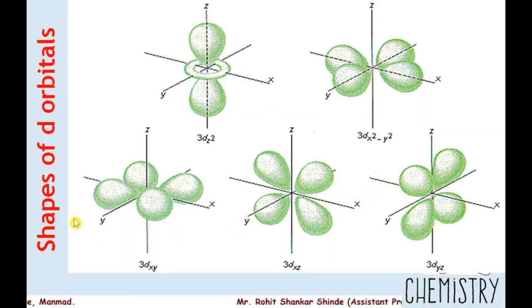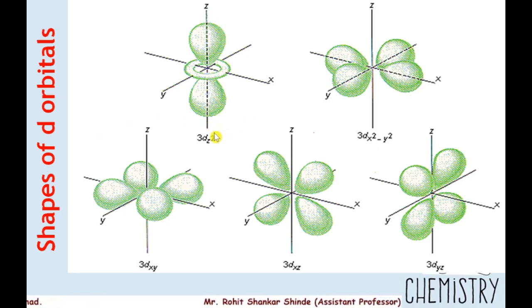Now let us see shapes of d orbitals. There are 5 different types of d orbital, namely dxy, dxz, dyz, dx square minus y square and dz square orbitals. All the 5 d orbitals are not identical and there are in fact 2 sets of d orbitals.